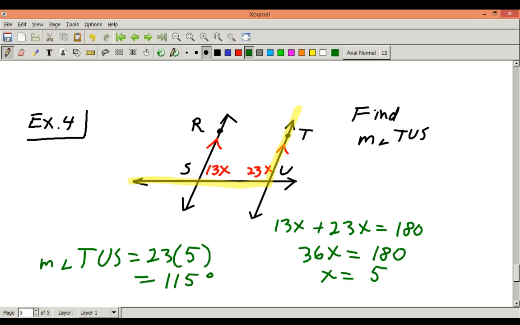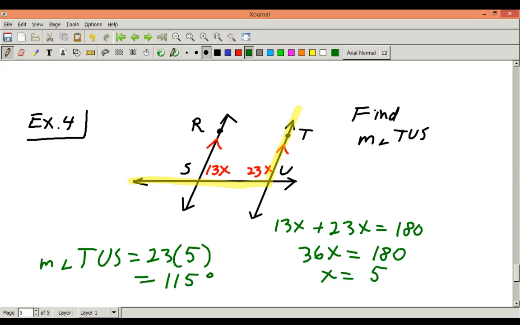Okay, so to kind of summarize here, we've had one new postulate and 3 new theorems. The postulate is, and by the way, notice that all 4 of these start the same way. If two parallel lines are cut by a transversal, here's what we know. If two parallel lines are cut by a transversal, then corresponding angles are congruent. That was our postulate. And then we had if two parallel lines are cut by a transversal, then alternate interior angles are congruent.